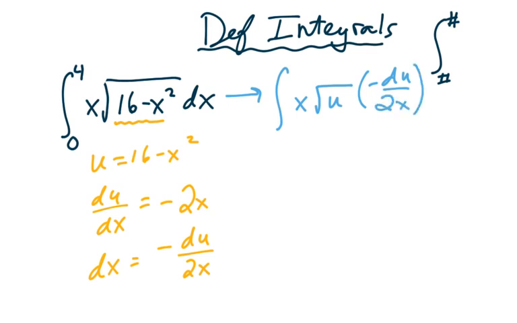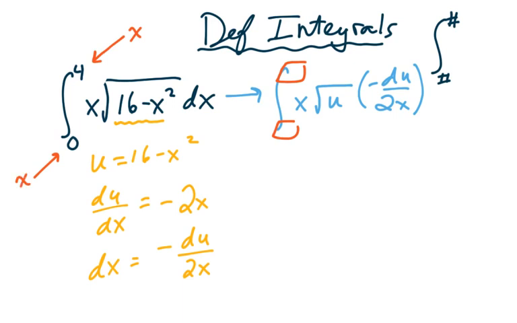But I'm missing something really, really important. Before I get rid of the x's here, I'm missing something. Do you see what I didn't write yet? It's these numbers, right? I didn't write these. And the reason is, they're not 0 and 4 anymore. And the reason is, way back when over here, when it was 0 and 4, these were x values.